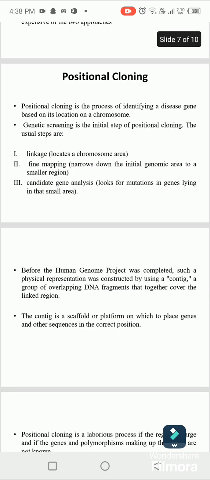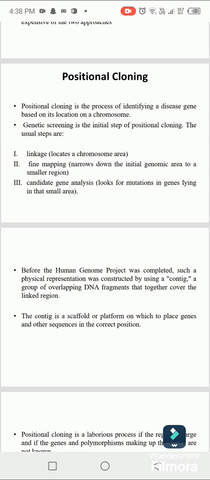Positional cloning. Positional cloning is the process of identifying a diseased gene based on its location on a chromosome. Genetic screening is the initial step of positional cloning. The usual steps are: linkage locates a chromosome area.